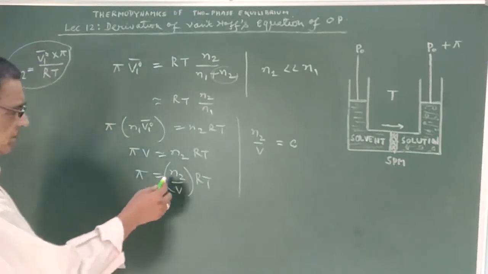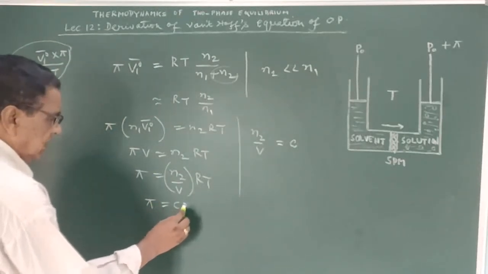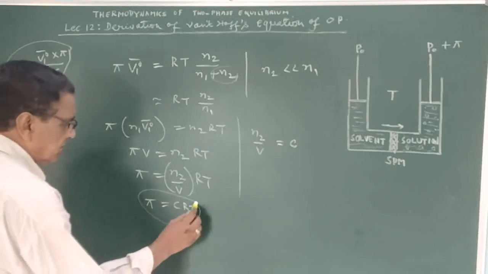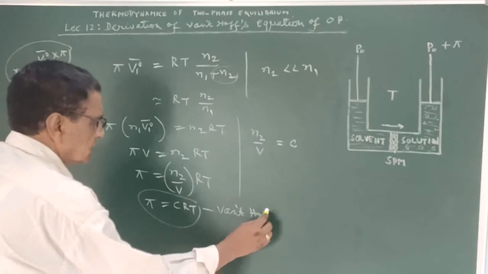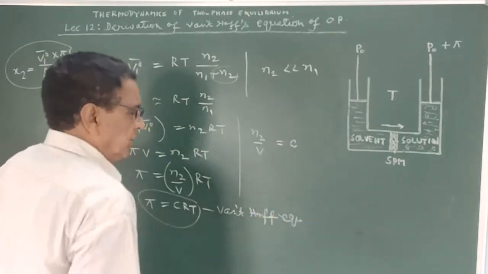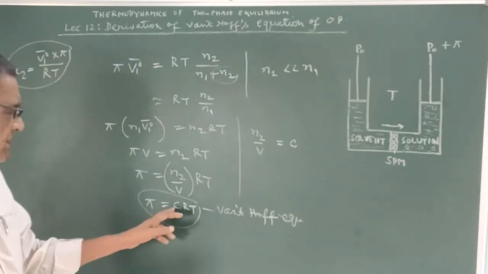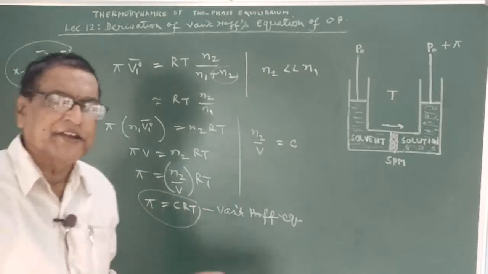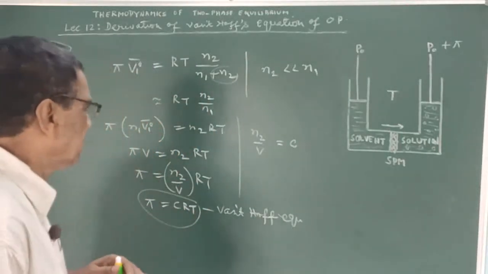So instead of writing this, we can write pi equals CRT, and this is the van't Hoff equation of osmotic pressure. Pi is the osmotic pressure, C the concentration, and T the temperature.